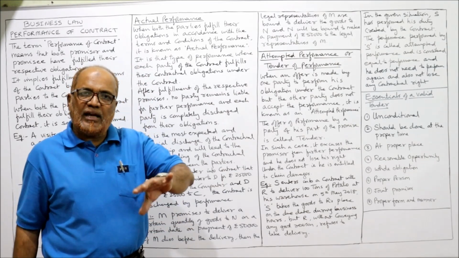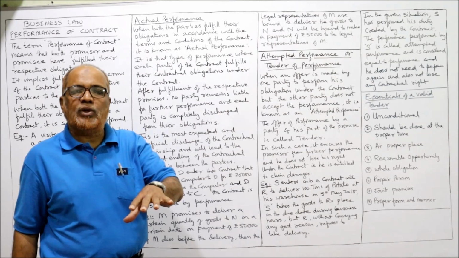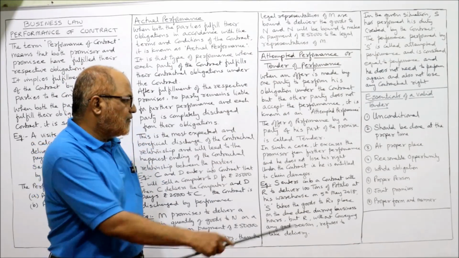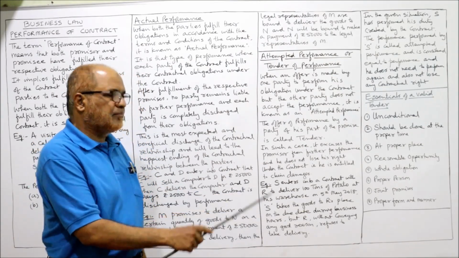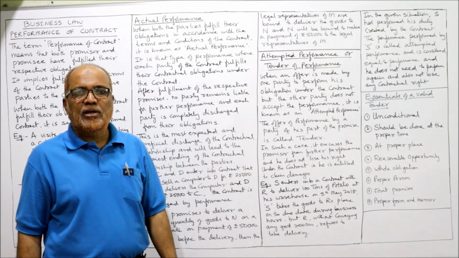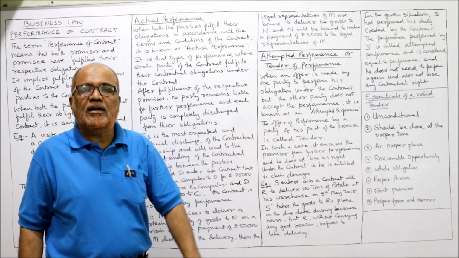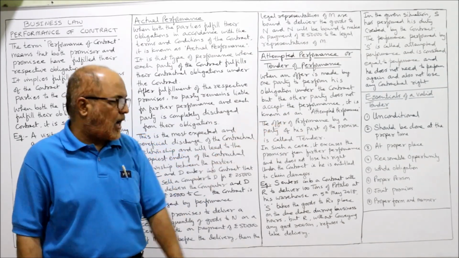So there is an agreement between S and R. S says, I will supply 100 tons of potatoes on 5th May 2018 at the warehouse. Whose warehouse? R's warehouse. So S is ready to deliver the 100 tons of potatoes to the warehouse of R.